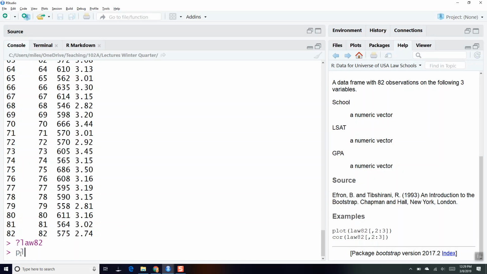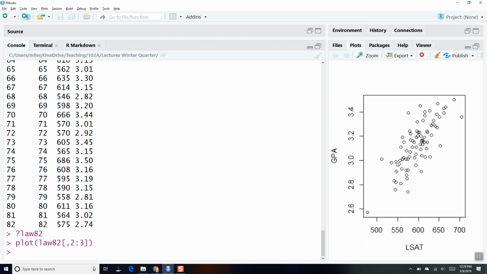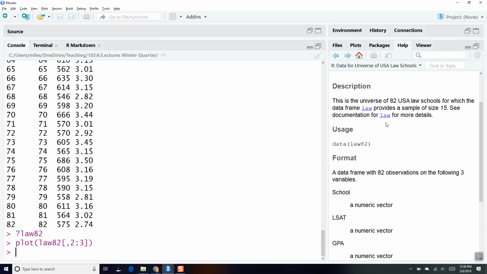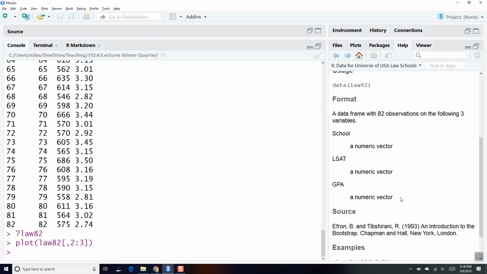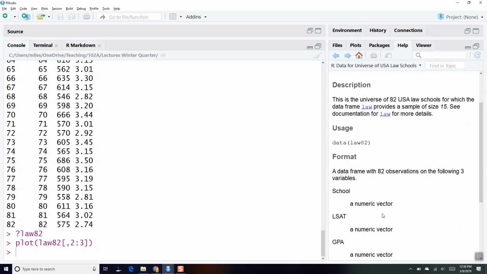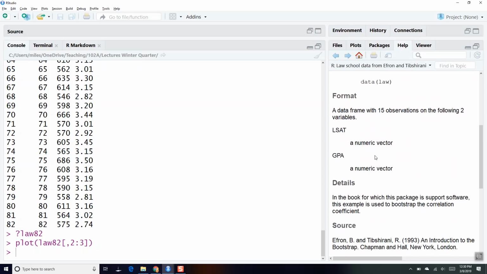So anyway, this is supposed to represent everybody's LSAT and GPA scores, and this is what we have. We see there's a correlation between LSAT and GPA, and in general, higher LSAT corresponds with higher GPA. It just is a numeric vector. This is not very helpful, this data file.